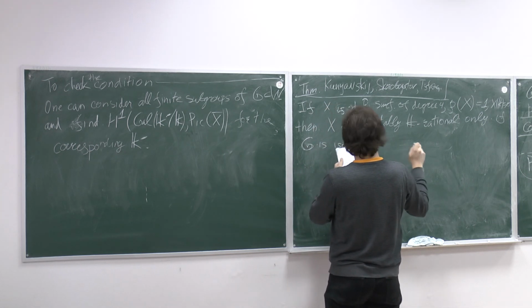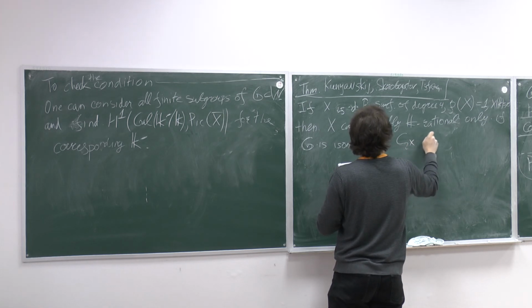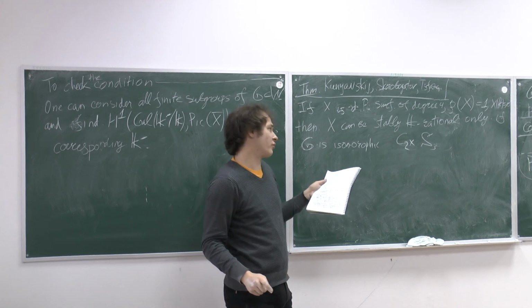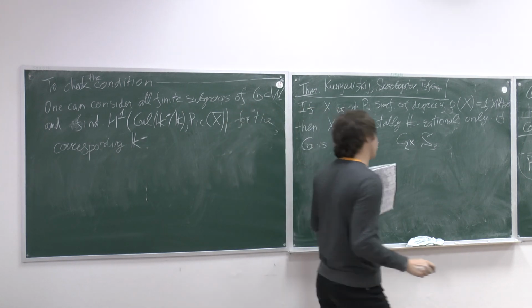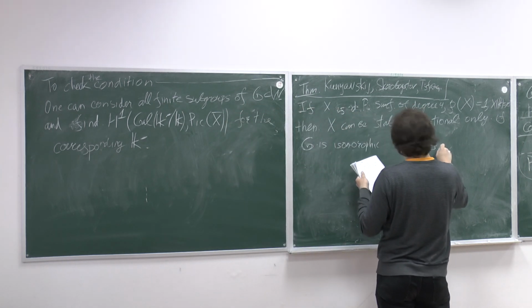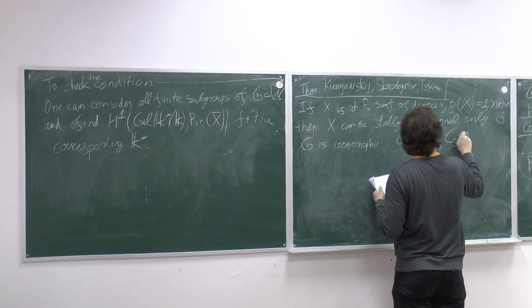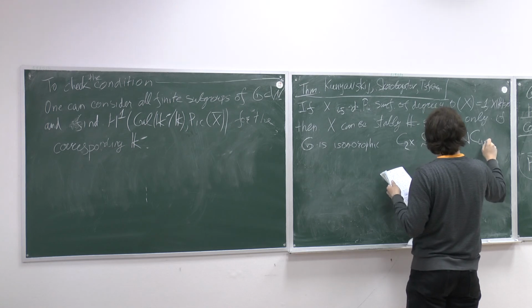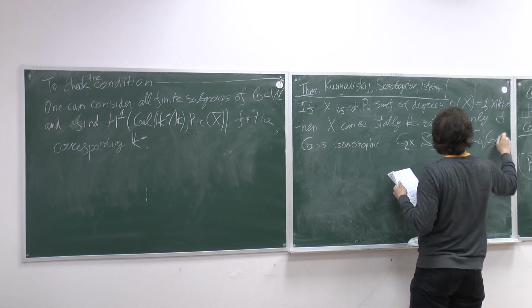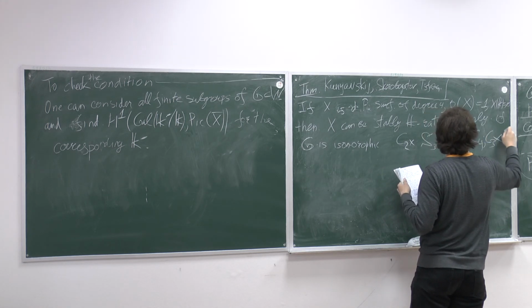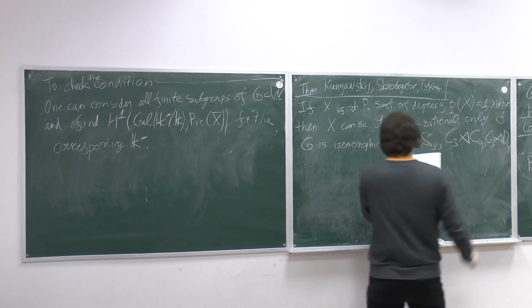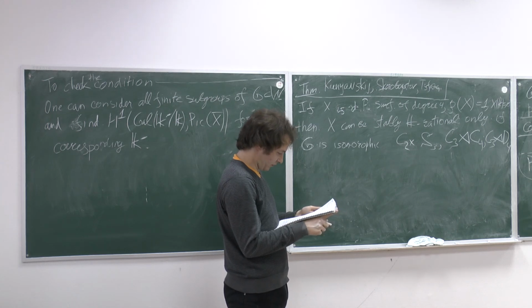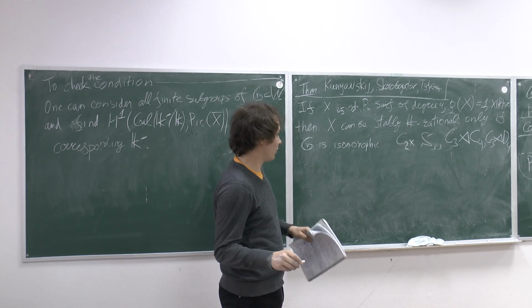These groups are C2 times S3. By C2 I denote the cyclic group of order 2, and C3 is the cyclic group of order 3. C3 semi-direct product with C4, a group of order 12, or a semi-direct product of C3 and the group of order 8. Well, only three possibilities for del Pezzo surfaces of degree 3.